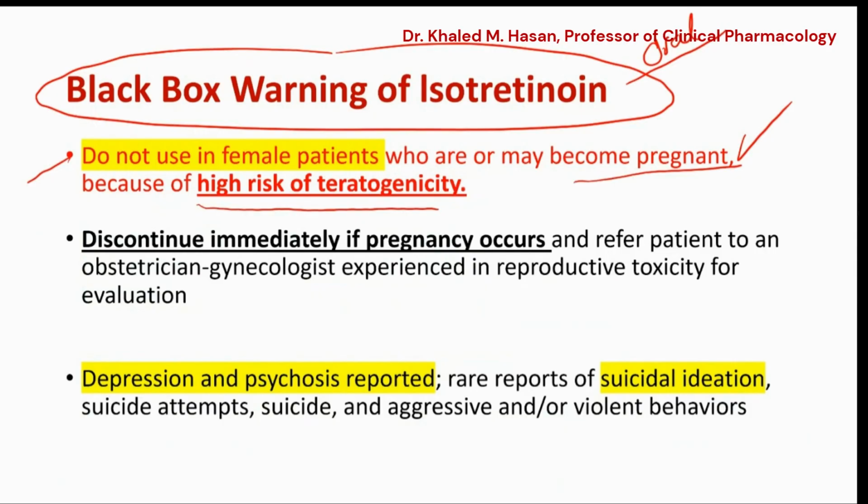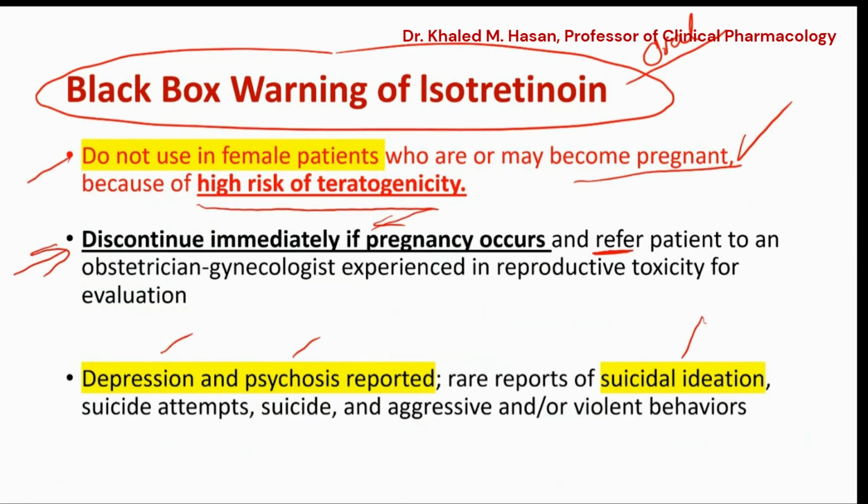Okay, thank you. What happens if, for example, you prescribe to someone and the patient becomes pregnant? They said stop the medication immediately. So we need to stop the medication immediately if the patient becomes pregnant, and we need to refer the patient to the OB/GYN clinic. So this is another option here. The third one, they said the medication in some patients, here we're talking about percentage, causes depression, psychosis, and patients may suffer from suicidal thoughts.